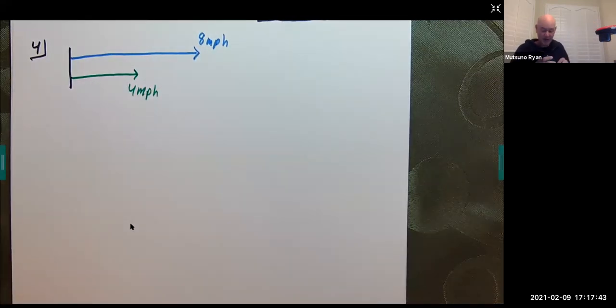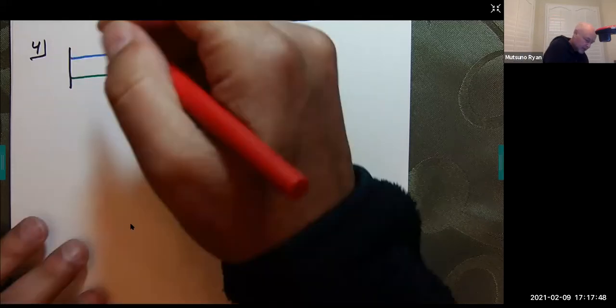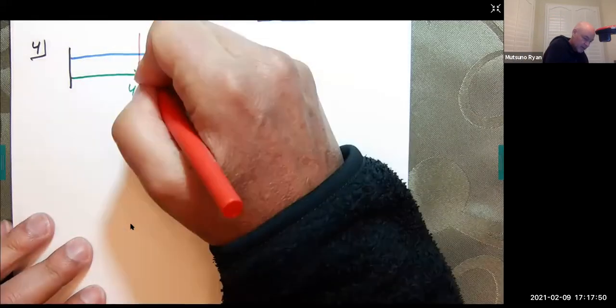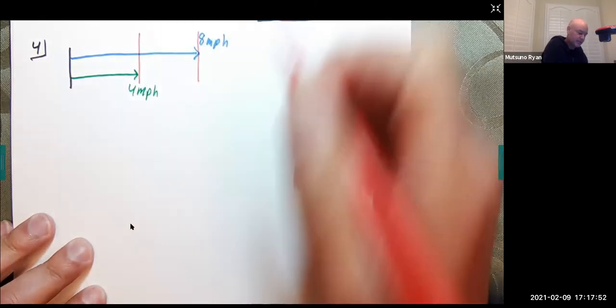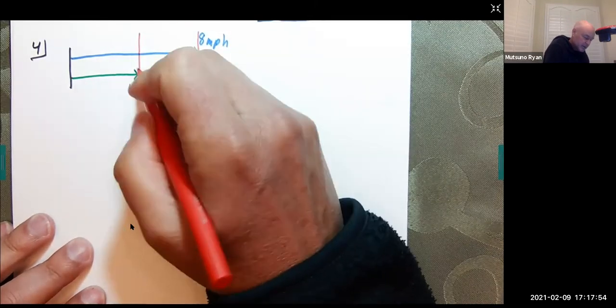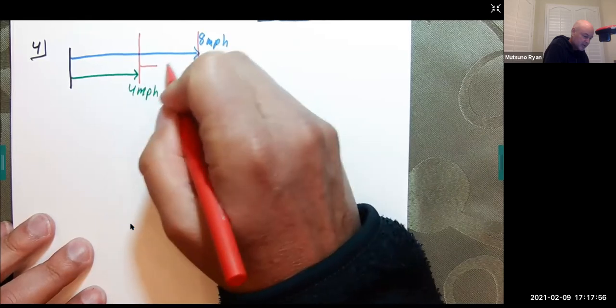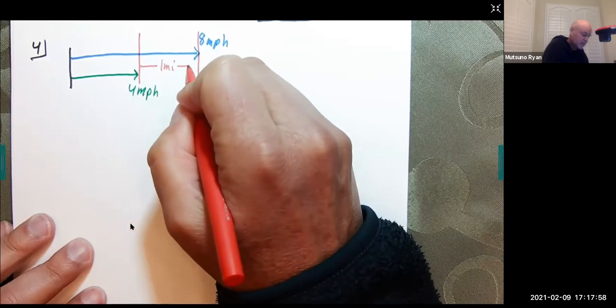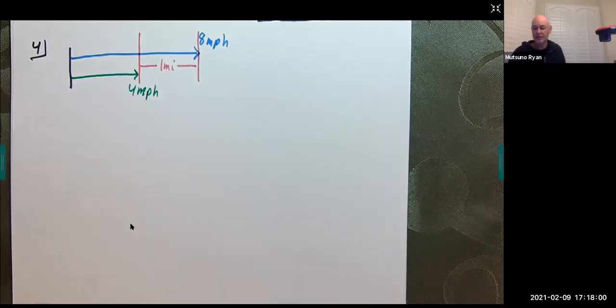They want to know how long until the distance between them is 1 mile. So they'll start out at the same position, and one is going to pull out in front of the other, one faster than the other.